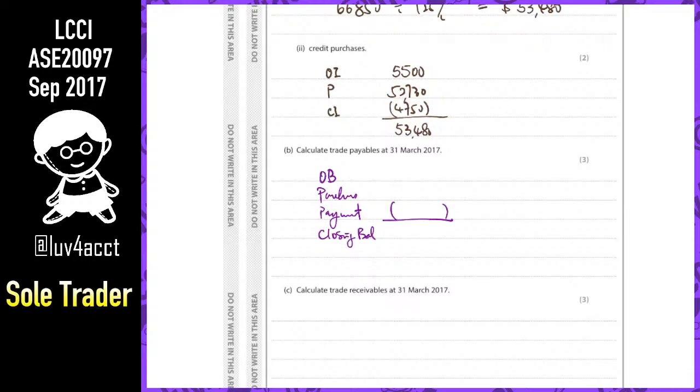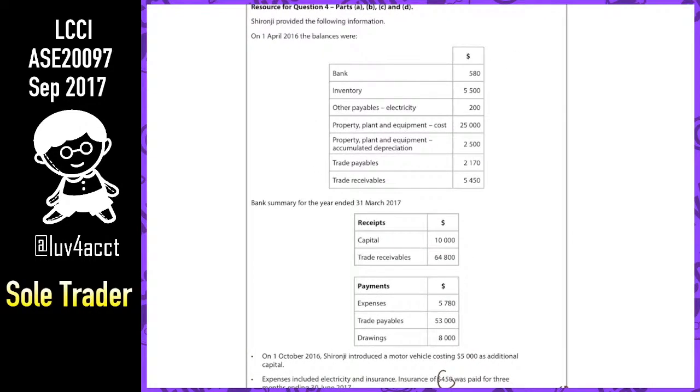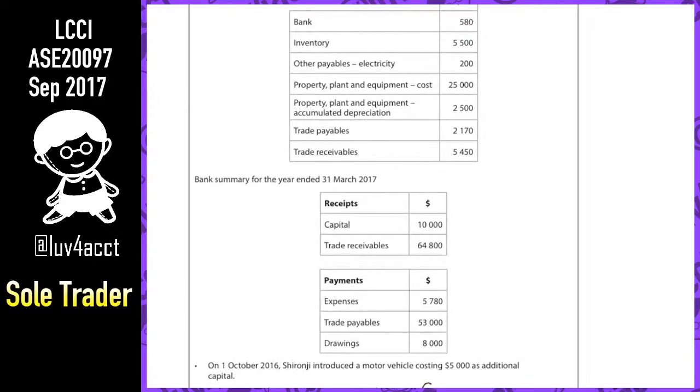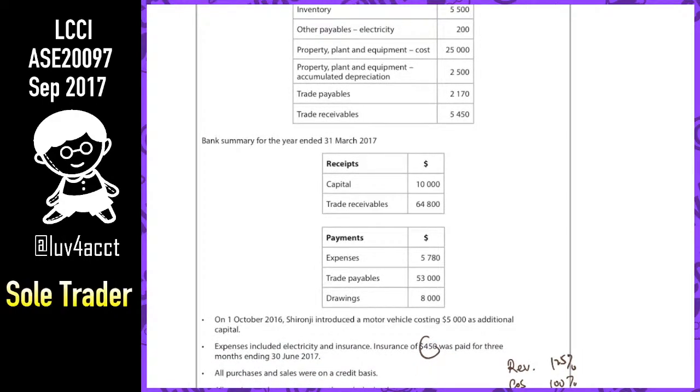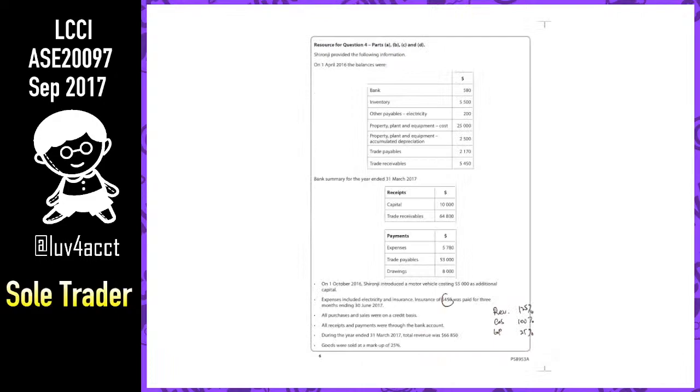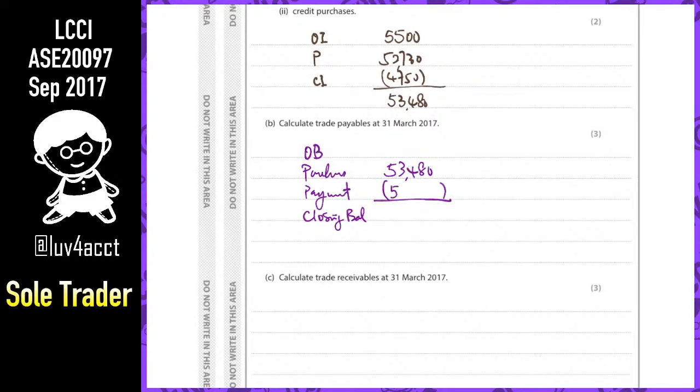Opening balance of trade payables 2170, payment to trade payables 53,000.